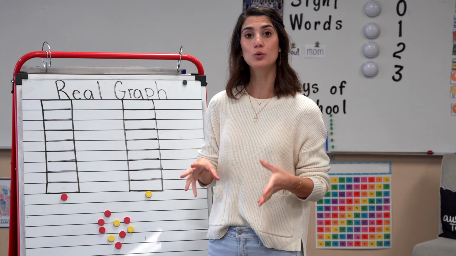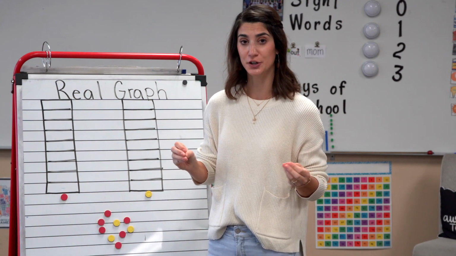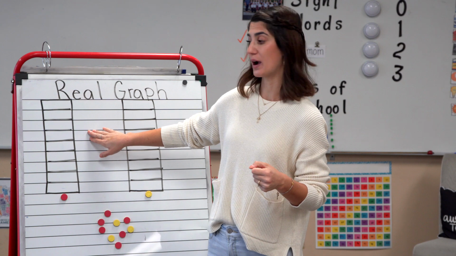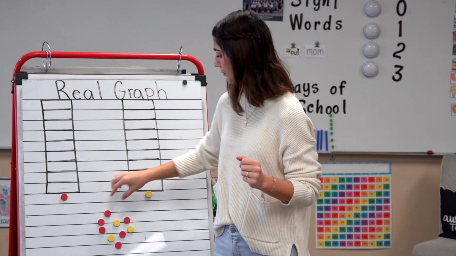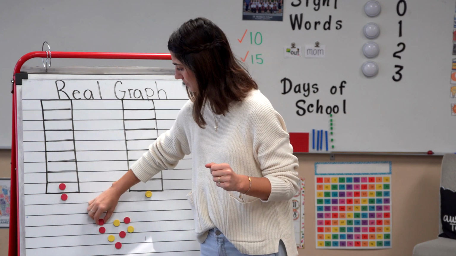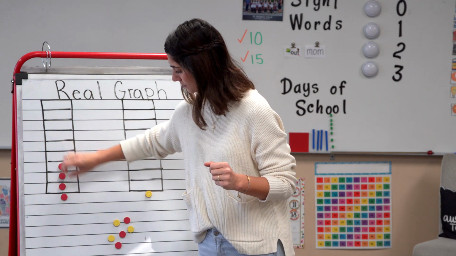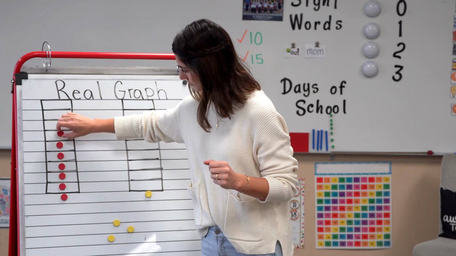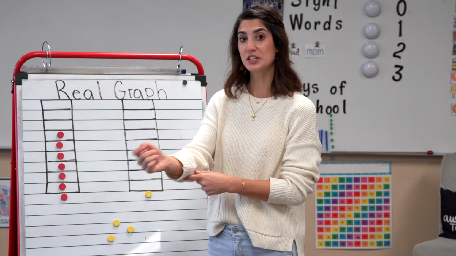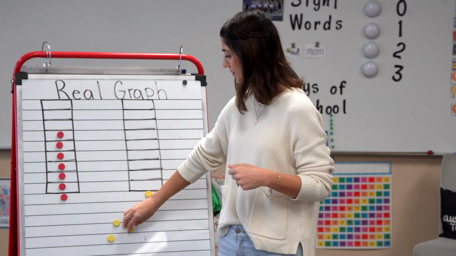So again, the sorting rule that I'm using is color. So looking over here again at this graph, I'm going to find the red counters and move them into the graph. Okay? Now I'm going to move the yellow counters into the graph.